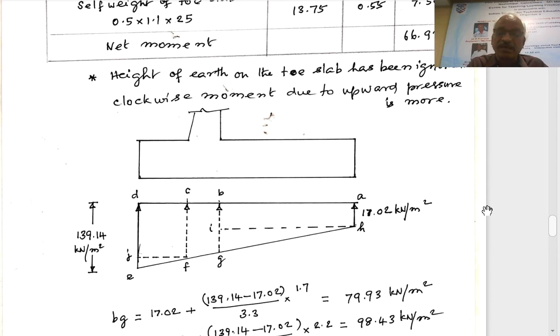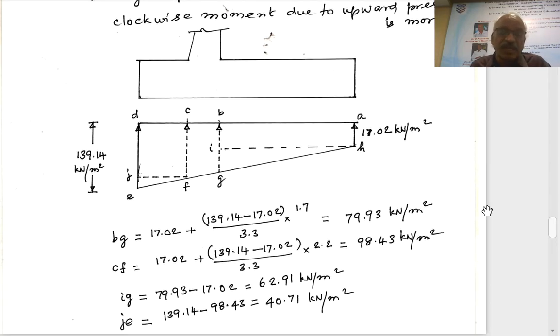Maximum pressure 139, minimum pressure 17.02, right? Now we just consider the pressure below the toe slab only. That is, we are going to consider the portion C, D, E, F only. For that C, D, E, F, we have to find out the ordinates.